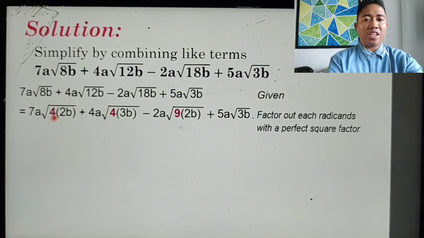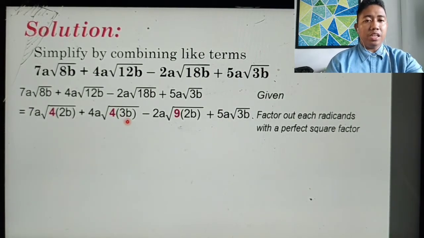At least we have the perfect square, which is 4. Next, we factor out 12b, so the factor form of 12 is 4 times 3. We have a perfect square, 4, and copy the variable b. Then we factor out 18b, so it becomes 9 times 2, and we copy the variable b.